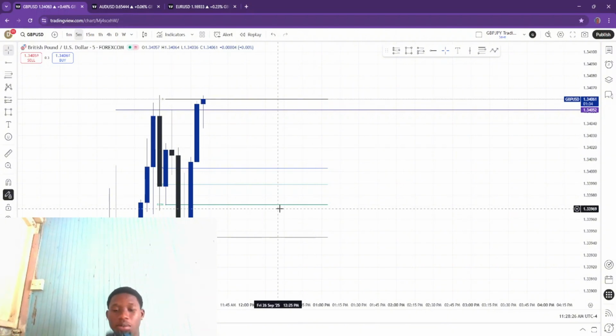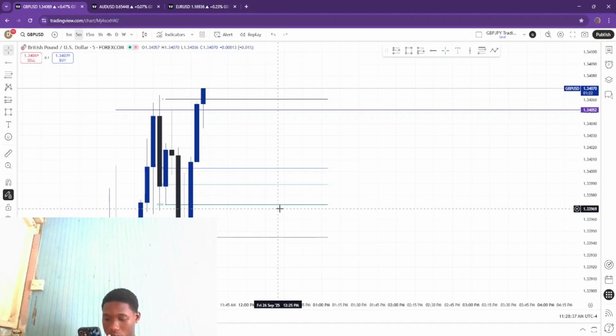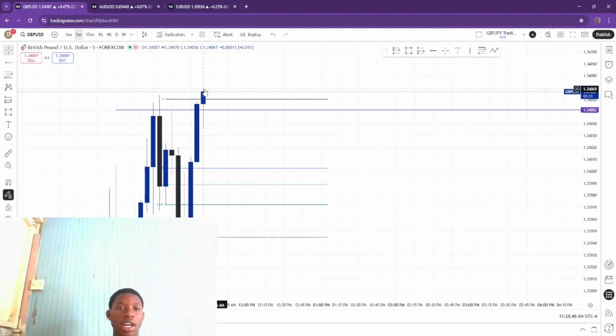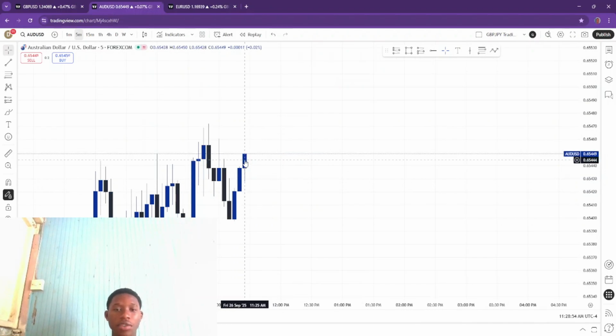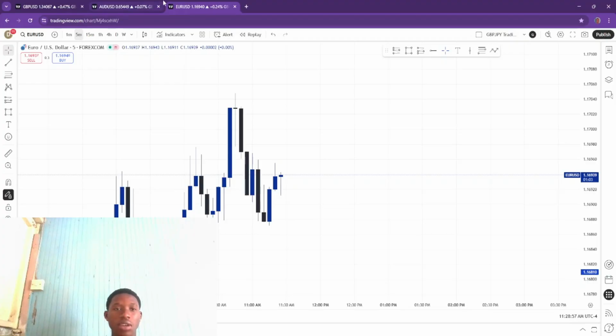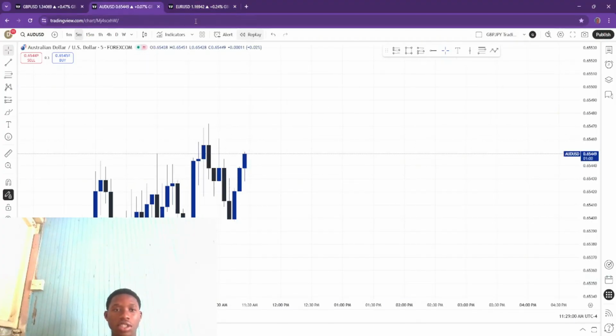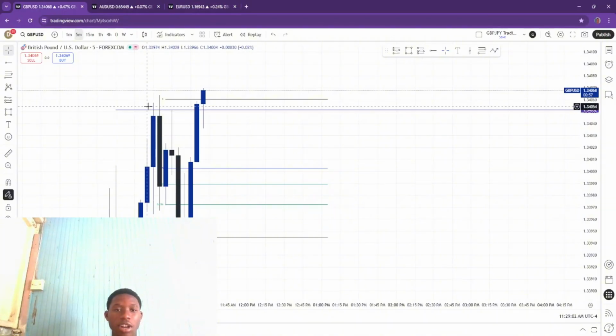I don't know what price want to do there. I think it's going to close as a bullish candle. Right? We see AUD create one FVG. China create the second FVG that's going to break structure, which is that structure right there. Price already break structure on GBP USD.